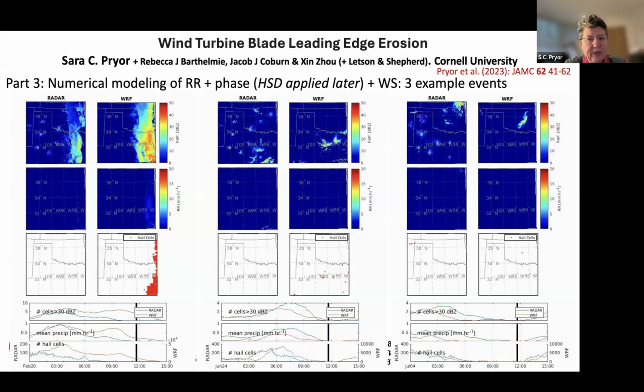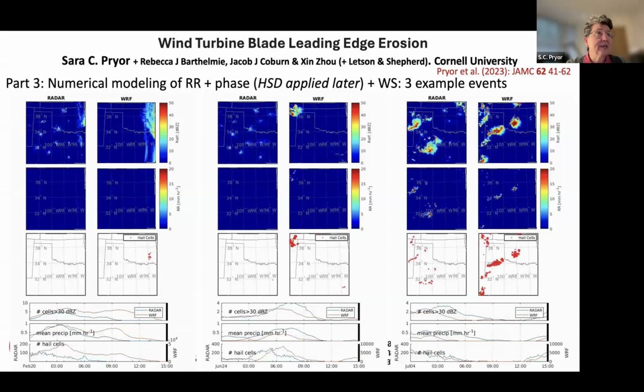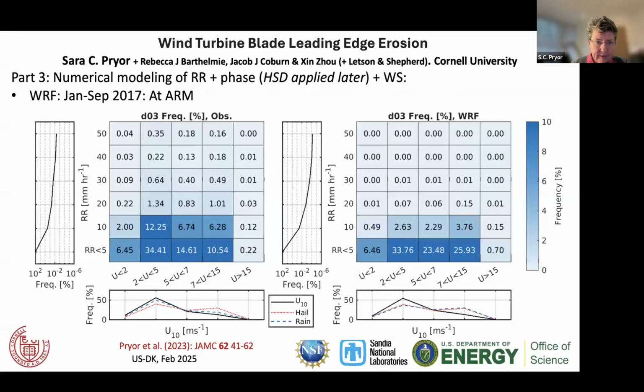I'm trying to persuade you here simply that these simulations have some fidelity. They are correctly capturing deep convection, for example. But of course, we've got the space-time penalty, and that's particularly important to us when we think about erosion.